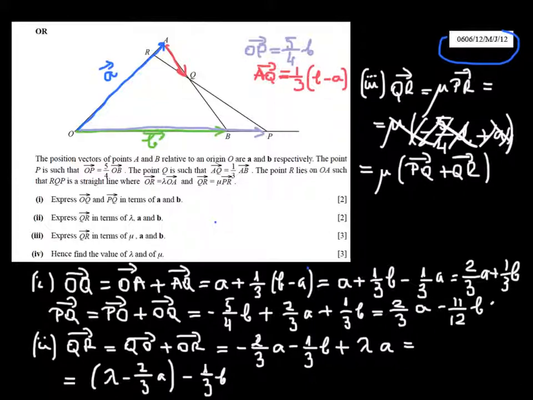I don't know QR, but I can form an equation because I have QR in the left hand side and QR in the right hand side. So if I open the brackets, QR is mu PQ plus mu QR.